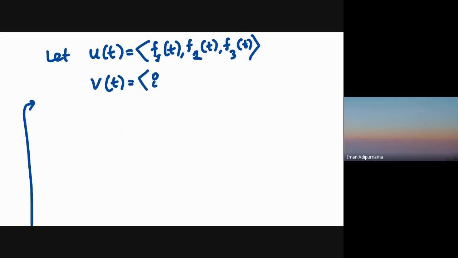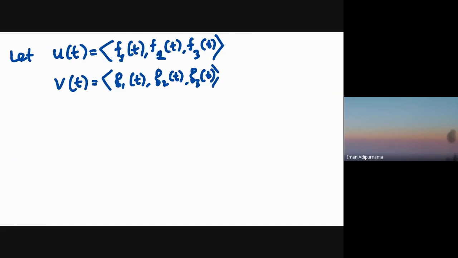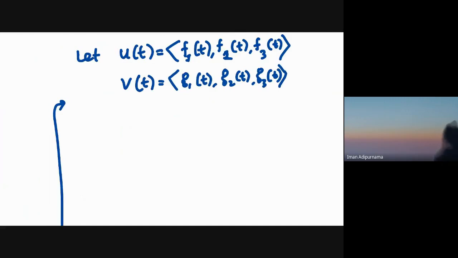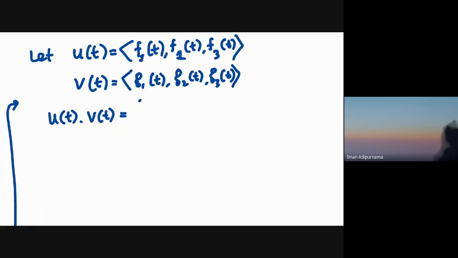And the second one is g. Now if we dot these two, then we will have f1 g1, or let me make complete one.